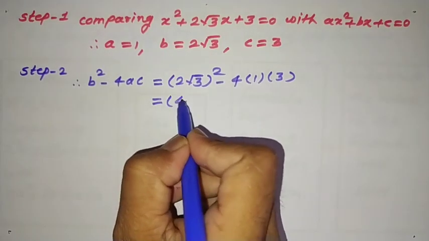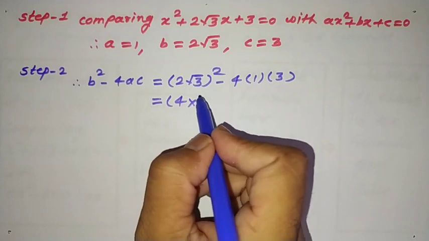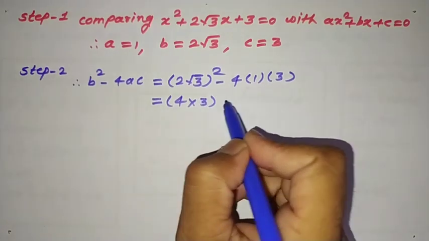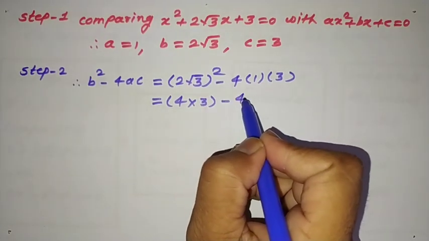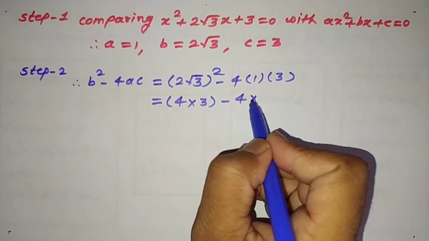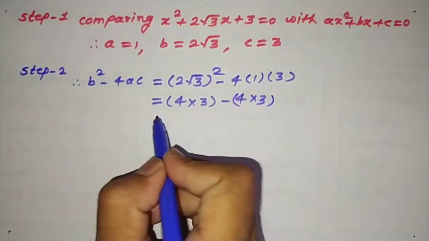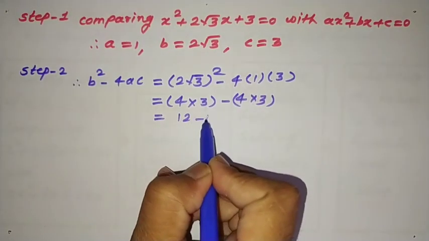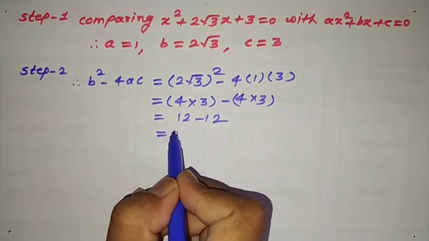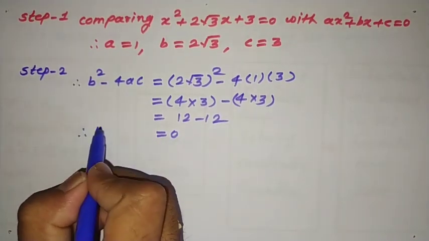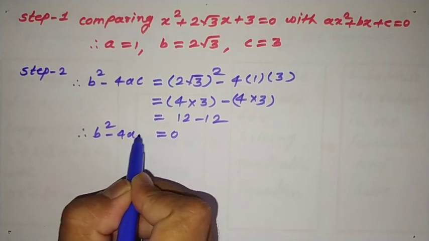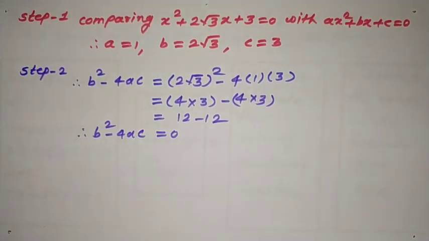Square of 2 is equal to 4 and square root of 3 squared is equal to 3, minus 4 into 3. 12 minus 12 is equal to 0. Value of b square minus 4ac is equal to 0.